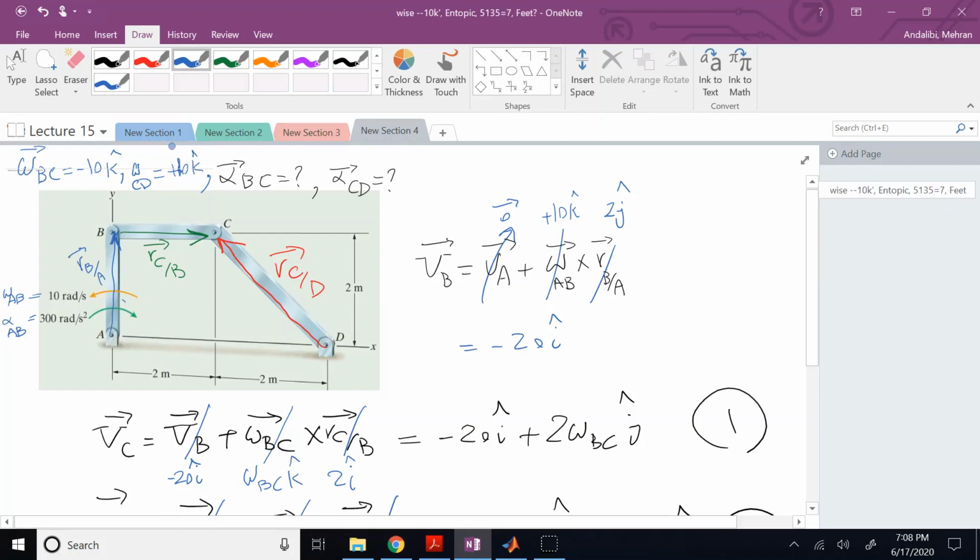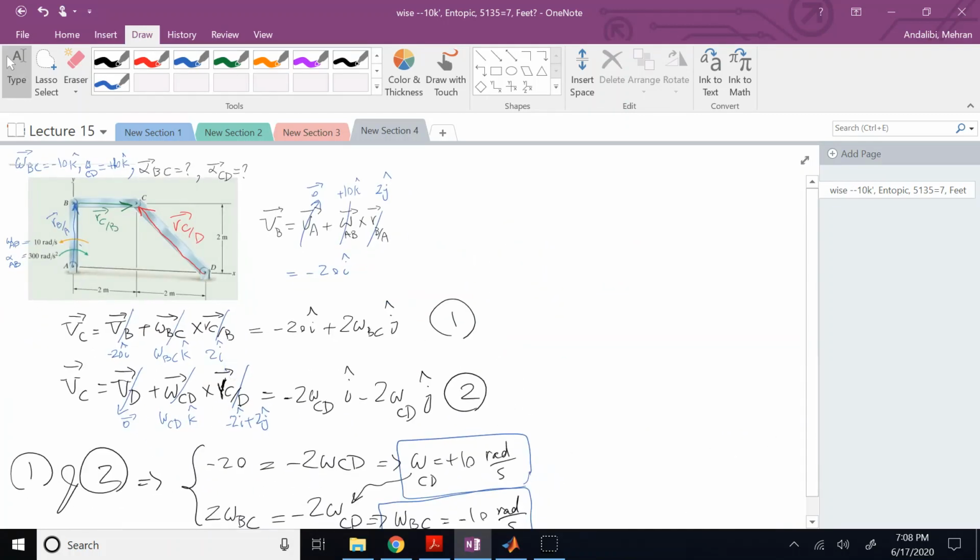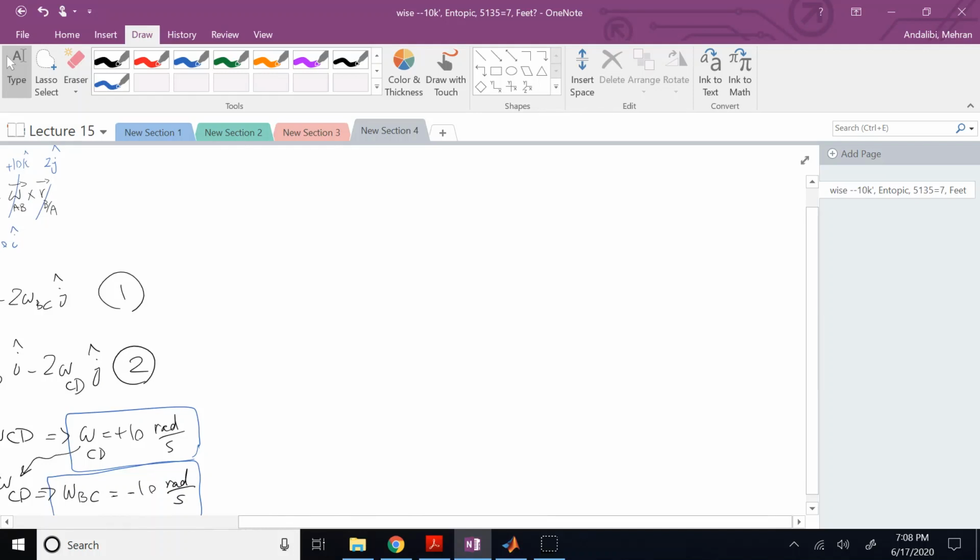Now I can do acceleration analysis and go through alphas and A's because I have my omegas. So now let's do acceleration analysis.